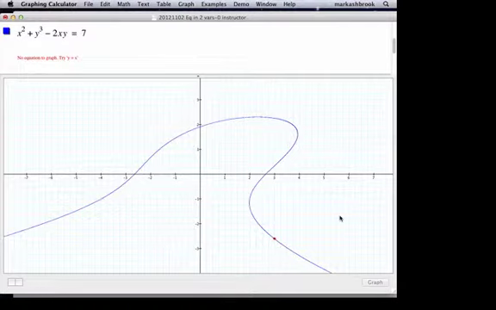Katie, tell me about that point right there. Okay, the point can't equal 7. Right. When you take the x and y coordinates of that point, it will satisfy that equation. The left-hand side will equal 7.